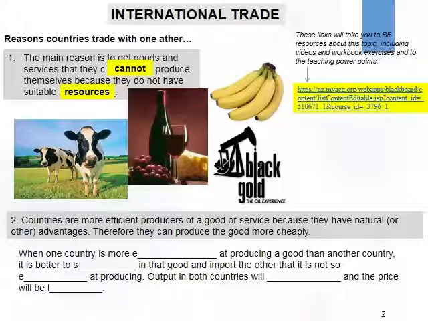Which leads us to our second reason, that countries are more efficient producers of some goods and services compared to others because they have natural or other advantages, and therefore they can produce the good more cheaply. So take New Zealand.